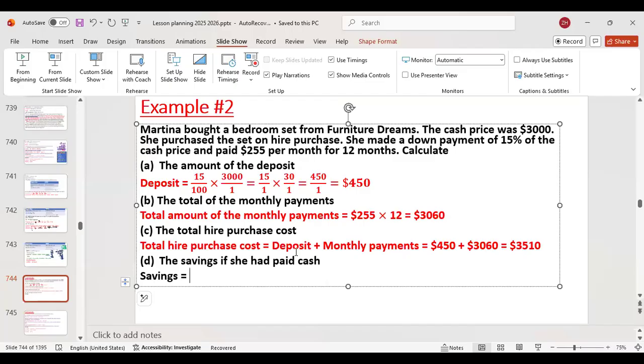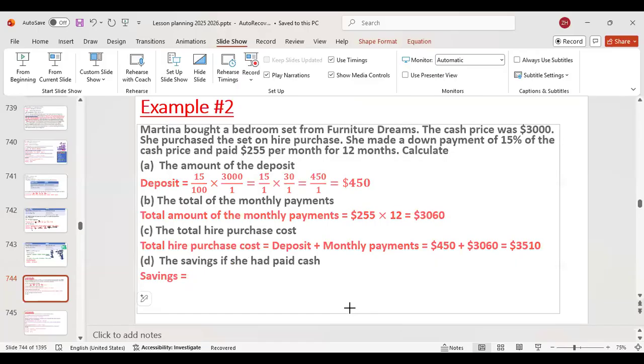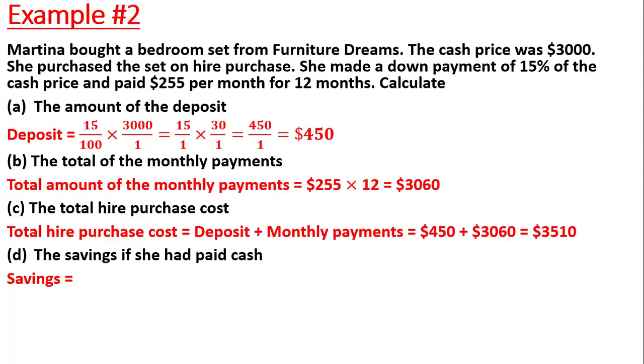Savings is gonna be what? If she had paid cash, how much would she have paid? Anyone? 3,000. Very good. Malia, Makai, Marvin, I'm not hearing y'all. How much would she need to pay if she is paying cash? 3,000. Very good.